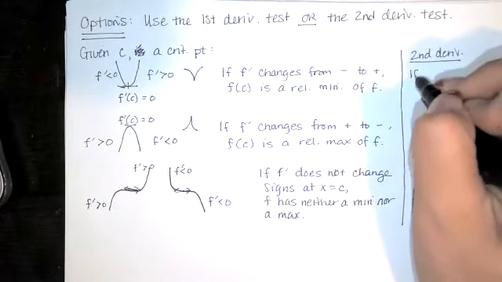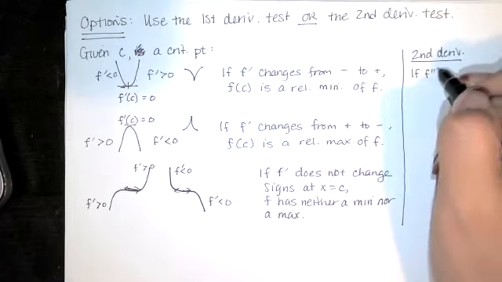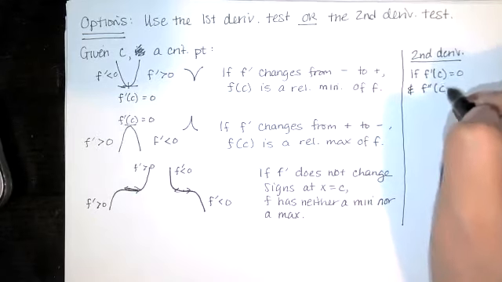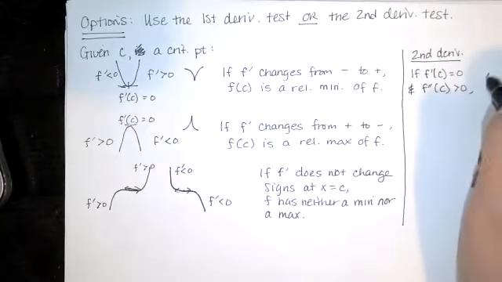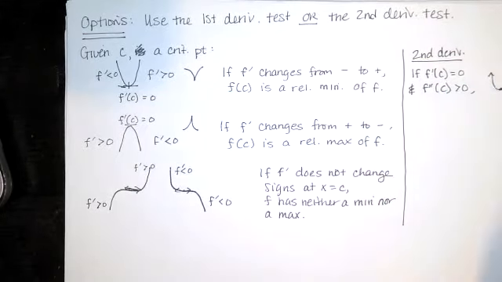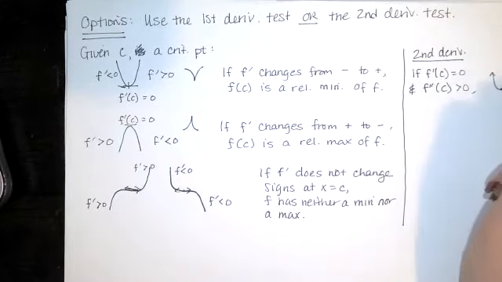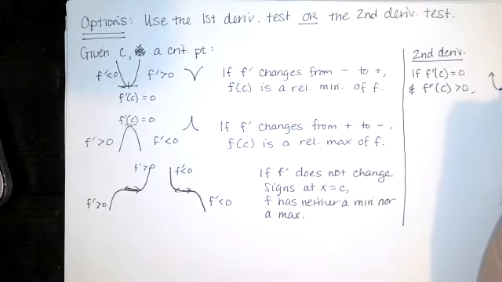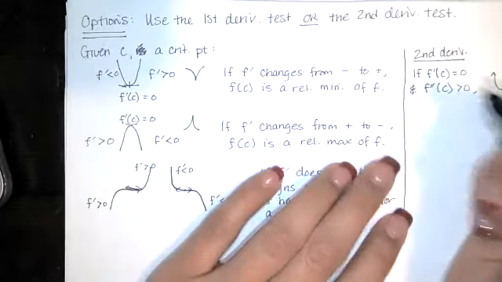So we say if f prime of c is 0 and f double prime of c is positive, that means the graph is going to look like this and we'll be at the bottom. So f of c will be a relative minimum.